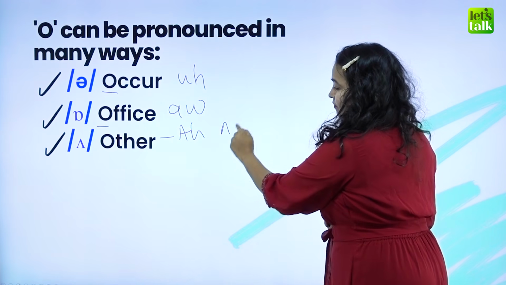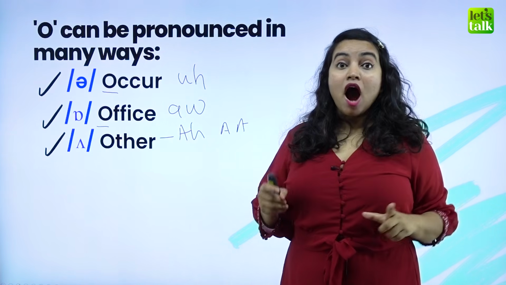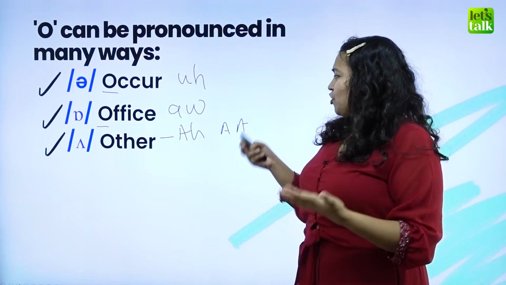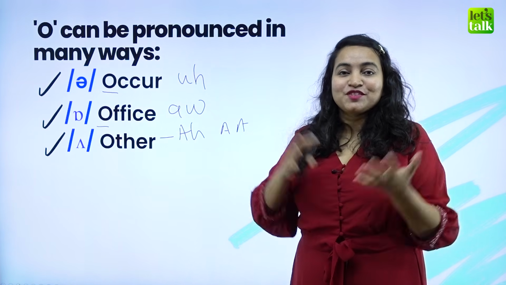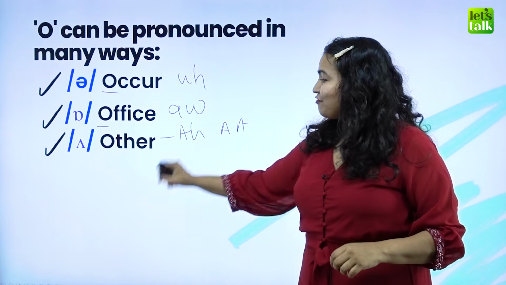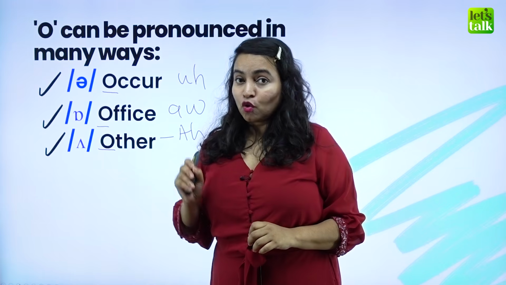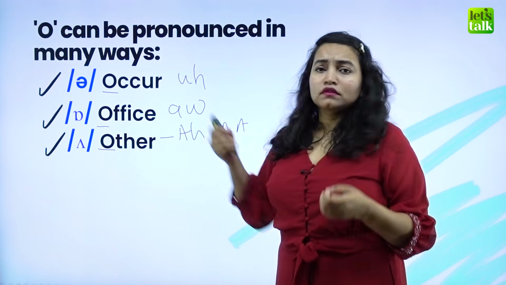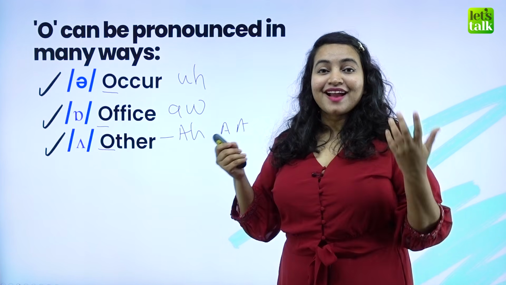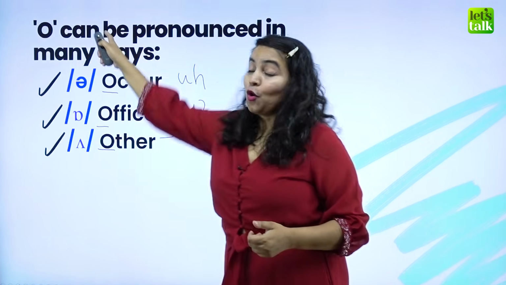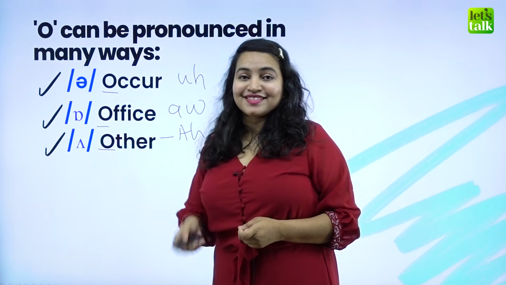It is not the A where you really open your mouth, but your mouth opens and then shuts quickly. So this word is not other, it is uh, other. Okay, so the O can also give you an uh sound.